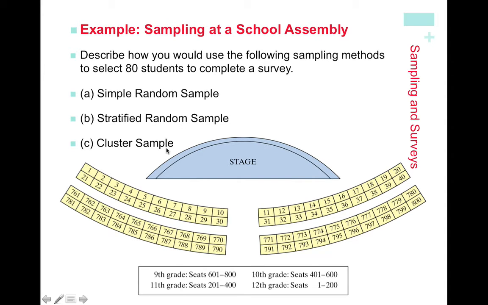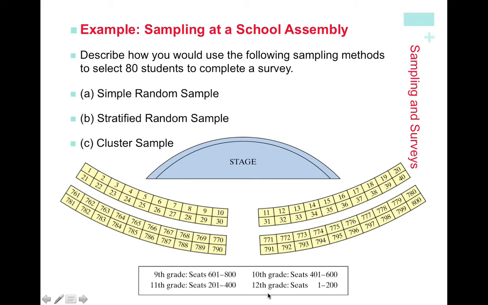If I did a cluster sample, which probably isn't going to be ideal here, I would randomly select maybe 2 or 3 of these groups. So let's say I randomly get the 12th and the 9th grade, and then I would take all the students in those groups.